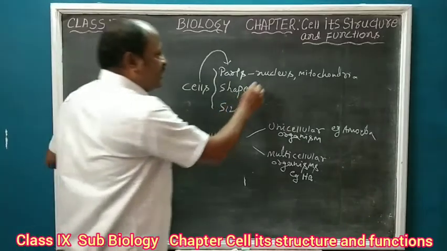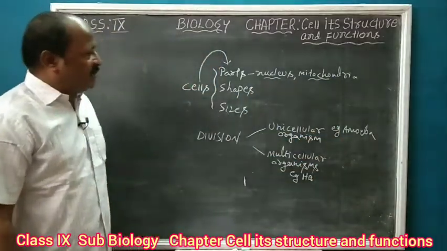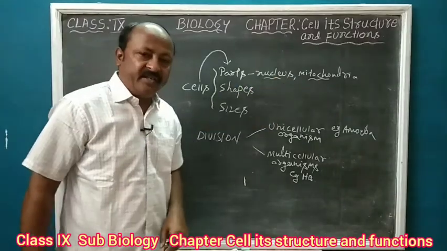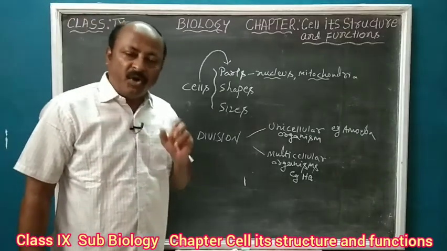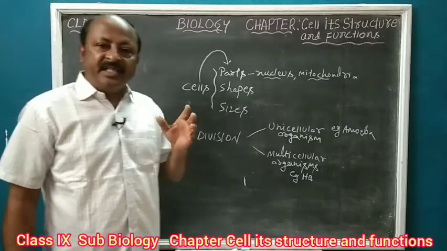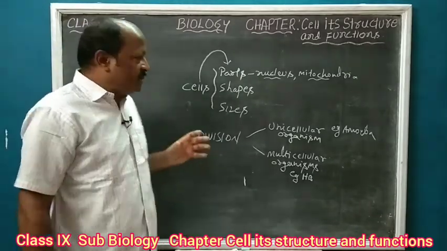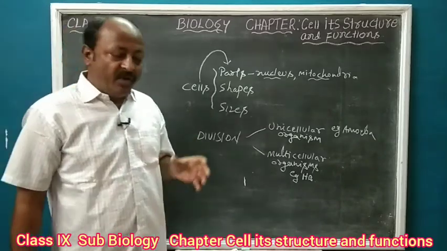So what are these called? These are the parts of the cell, and we call them organelles. These organelles are very, very small. We cannot see them with the naked eye. First of all, we cannot see the cell itself with the naked eye. So cells have been studied under microscopes.